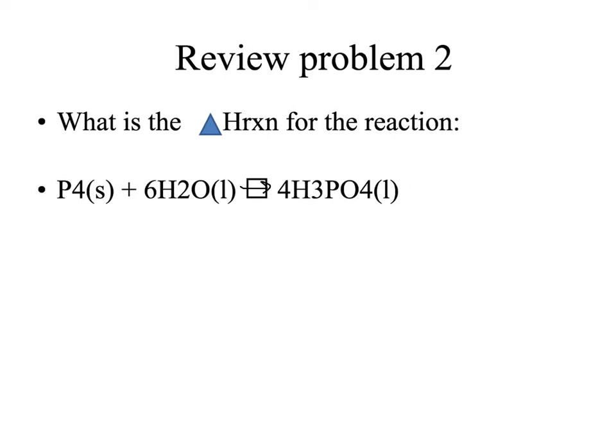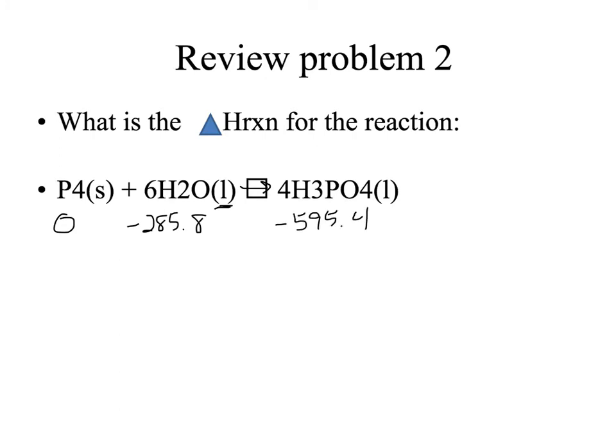The phosphorus, remember any element has a heat of formation of 0. The water is liquid water, so remember that's the one where you can have two possible choices. You have one value for liquid water, one value for gaseous water, so make sure you're using the liquid one, which is a negative 285.8.